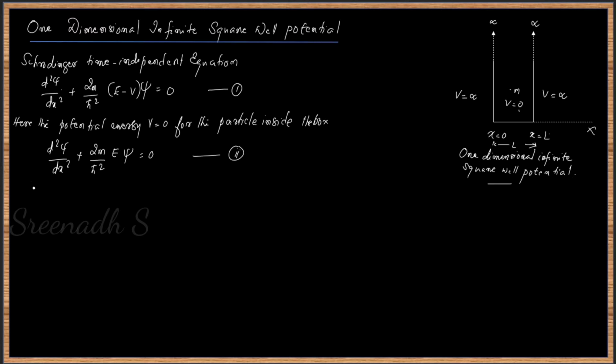Here we substitute k square for 2mE by h cut square. So 2mE by h cut square is equal to k square. So the equation becomes d square psi by dx square plus k square psi is equal to 0.